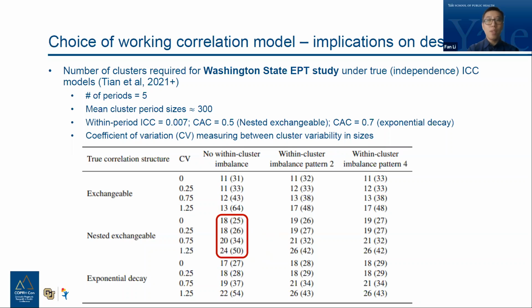And it turns out that assuming an independence working correlation can often cost us more than twofold the required number of clusters to achieve the same level of statistical power for the same design, which suggests that we should avoid making that simplistic assumption for design calculations and also for the analysis, and favors the use of the more realistic multi-level working correlation model due to the potential efficiency and also sample size savings in the design stage.